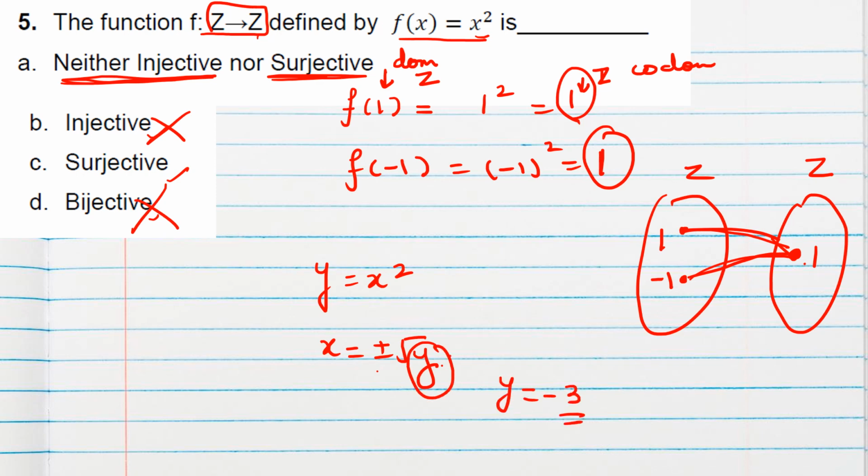Because the y value should be taken from this codomain Z, and Z has negative numbers also. But root of minus 3 does not exist in our domain, so this won't be surjective. So what we got here is neither injective nor surjective. It cannot be surjective. So option A will be correct.